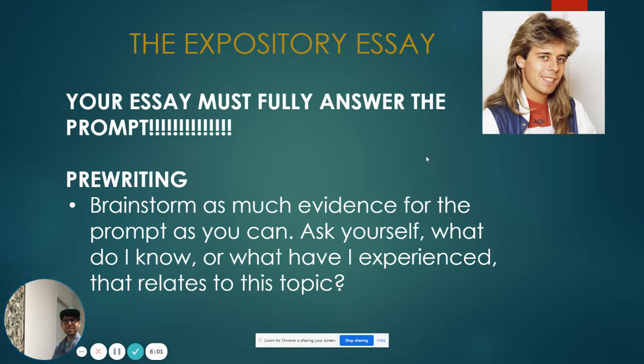Ask yourself, what do I know, or what have I experienced in my life that relates to this topic? Maybe I overworked myself at some point and didn't give myself any free time and had a complete meltdown. Okay, I'm going to use that. That's going to be my evidence. I'm going to get real specific and detailed in explaining exactly what happened. And that would be how I would do that one.